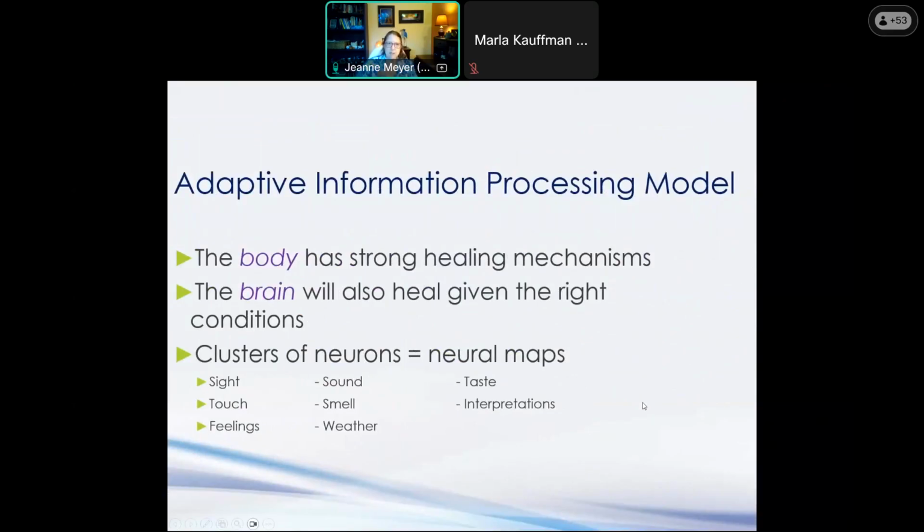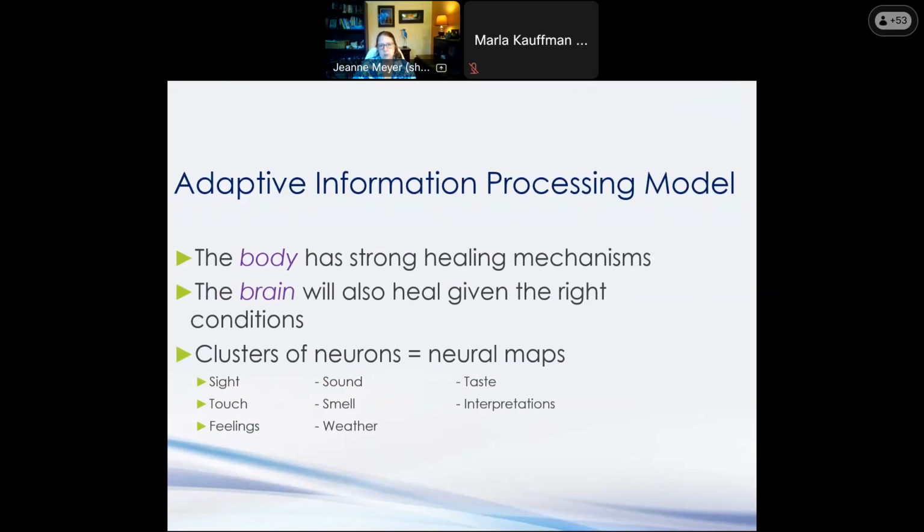Now, this is all based on the adaptive information processing model. Basically, we know that the body has a strong healing mechanism. So if you cut yourself and it bleeds, then the body just goes into, let's heal this. And there'll be inflammation, there'll be blood clotting, there'll be white blood cells that are released, and the body starts healing.